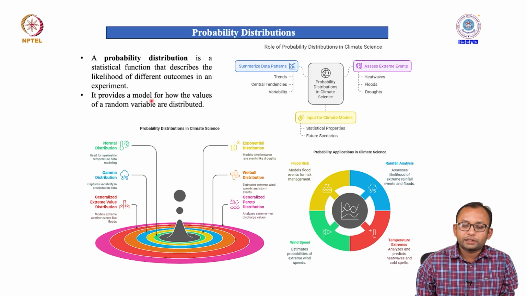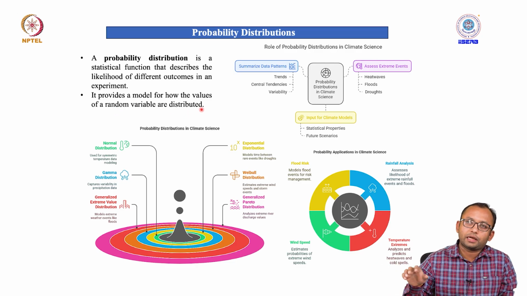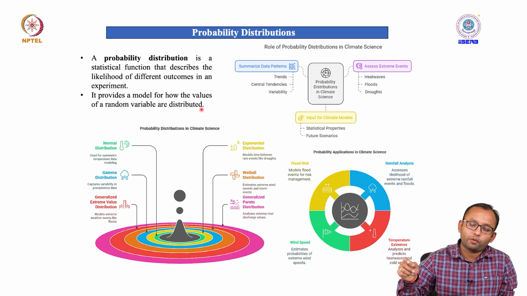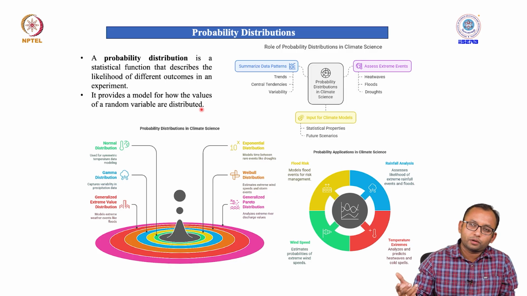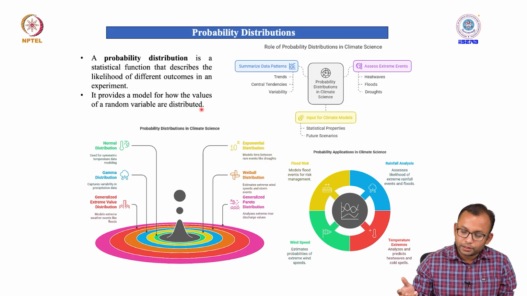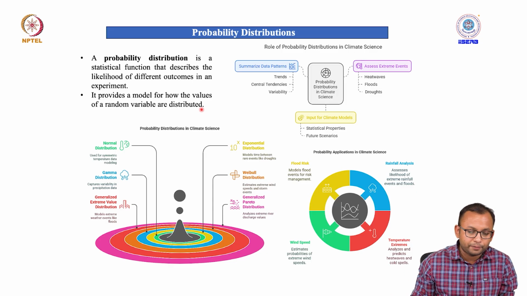It also models how the values of a random variable are distributed across different values. For example, what is the value at the maximum point, at the mean point, at the median point, or what is the magnitude of the 10th percentile, 60th percentile or 90th percentile.